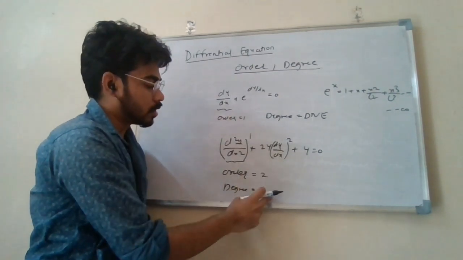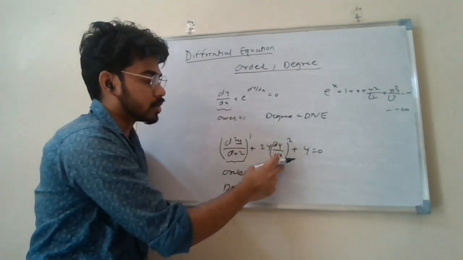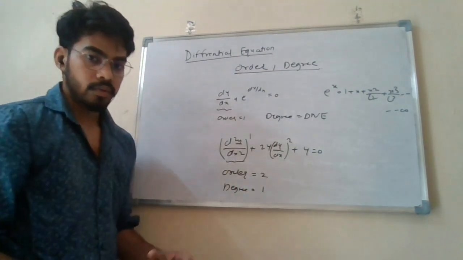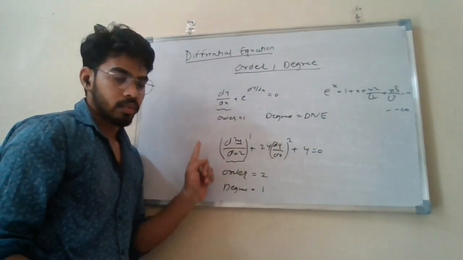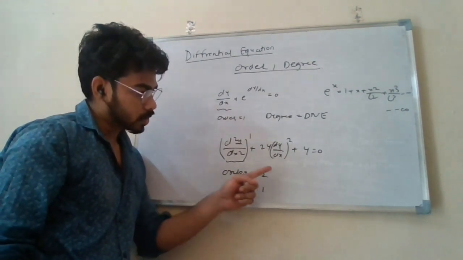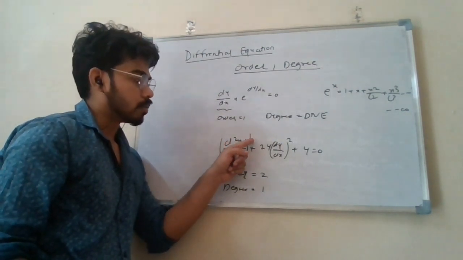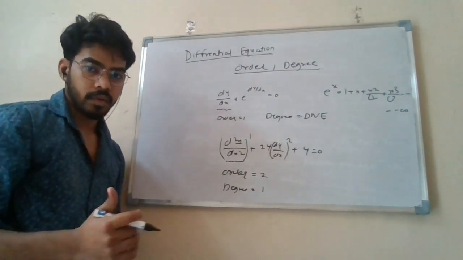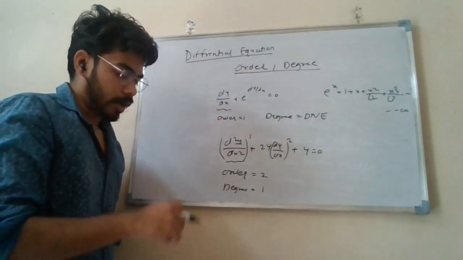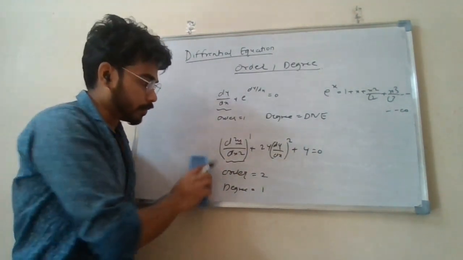We don't write the degree as 2 because dy by dx is the first order derivative. We have to find the power of the highest derivative. d2y by dx square is the highest derivative in this differential equation, and its power is 1. That's why the degree is 1. In this way, we find the order and degree of a differential equation.